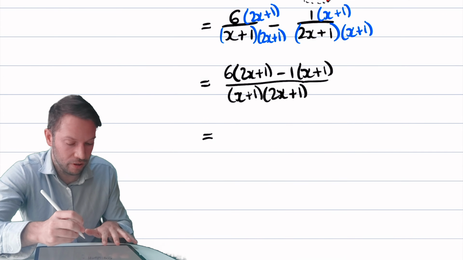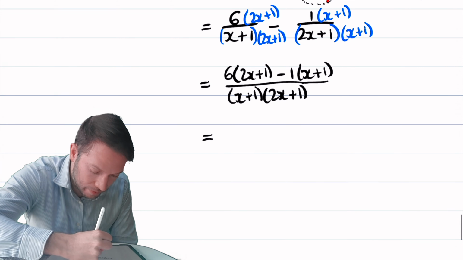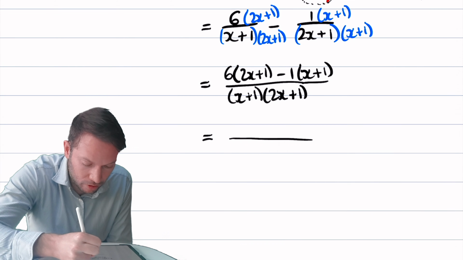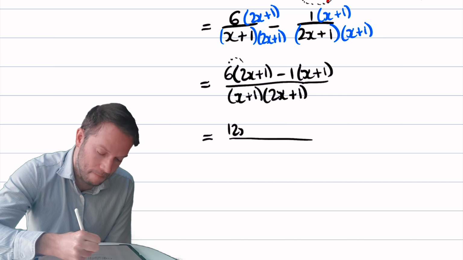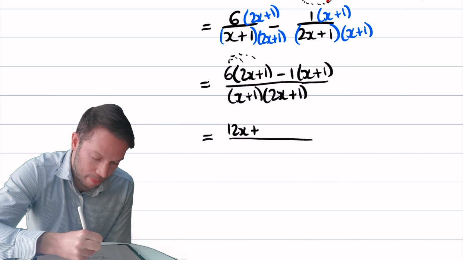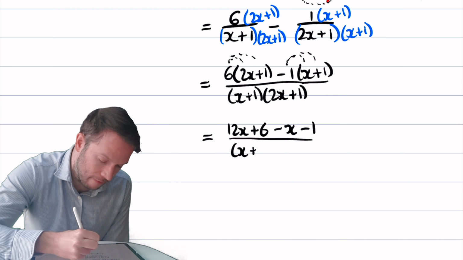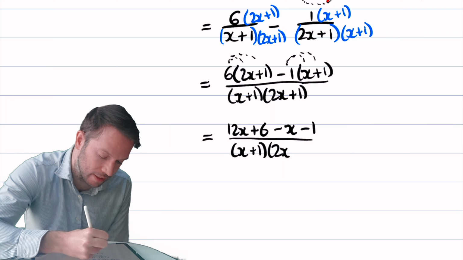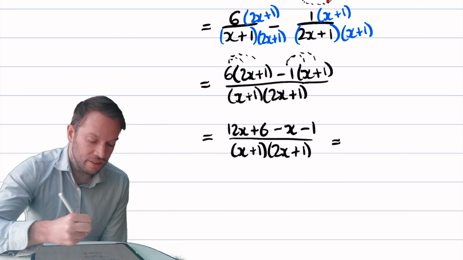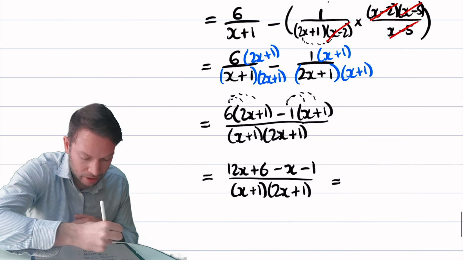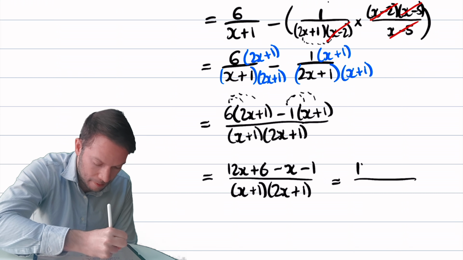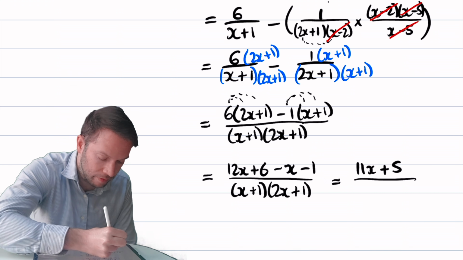Just leave it factorized. There's a good reason for it. We've got 12x plus 6 minus x minus 1, over x plus 1, 2x plus 1. We do not expand the denominator. Let's simplify the numerator. 12x minus x is 11x. 6 minus 1 is plus 5.